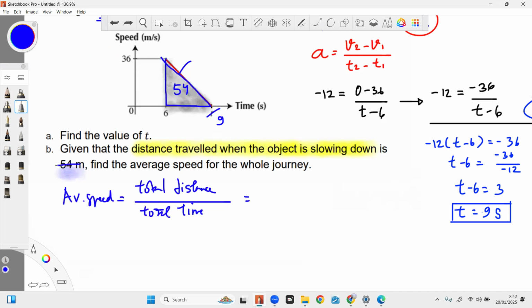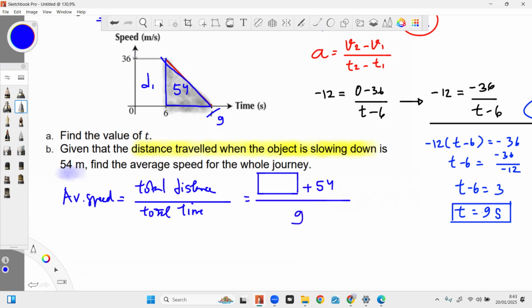Actually, can we just ignore this? Find the total average speed. Yes, but this question is giving you an extra bonus question. Total distance is something plus 54. You need to find the D1 first, distance 1 or area 1, over total time 9.